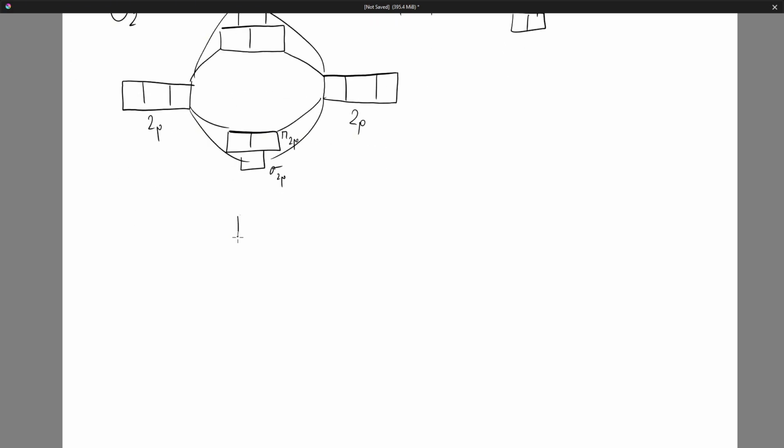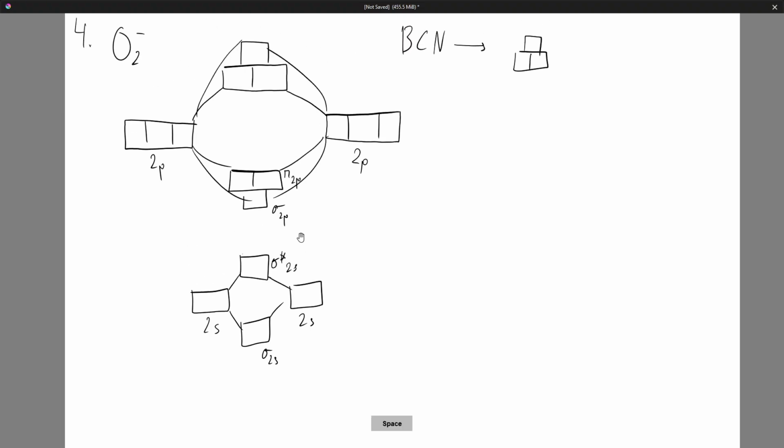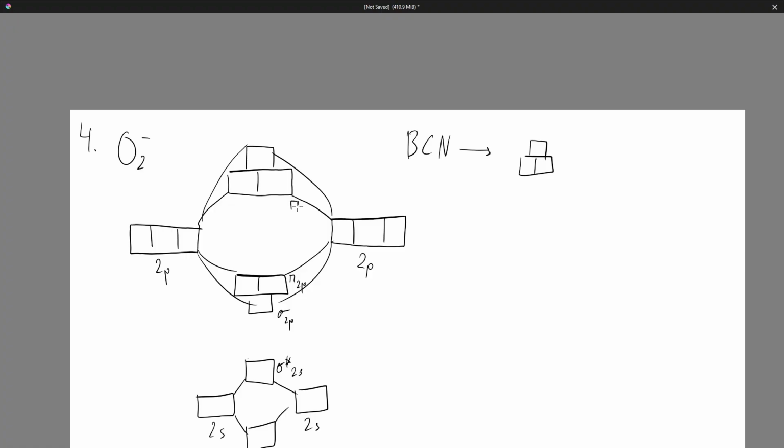And we go down to this one right here. This is sigma 2s, sigma star 2s, pi star 2p, and sigma star 2p.